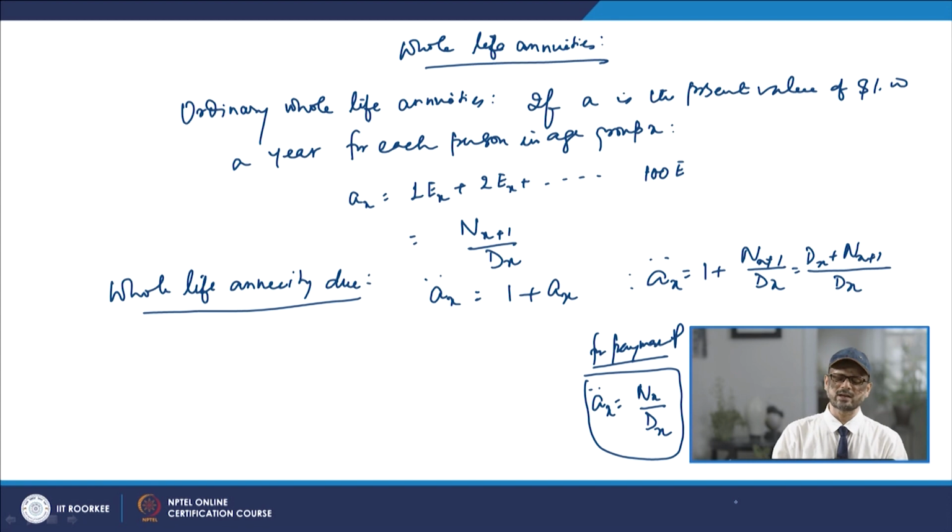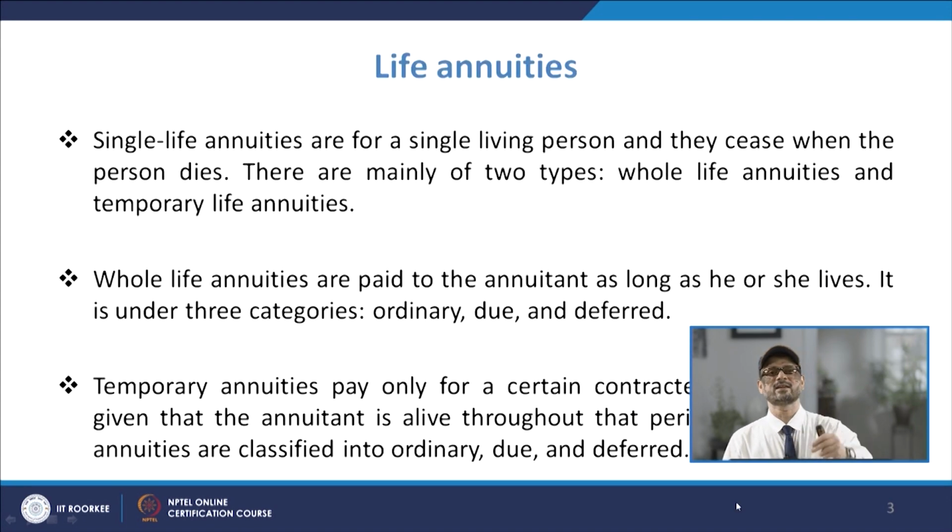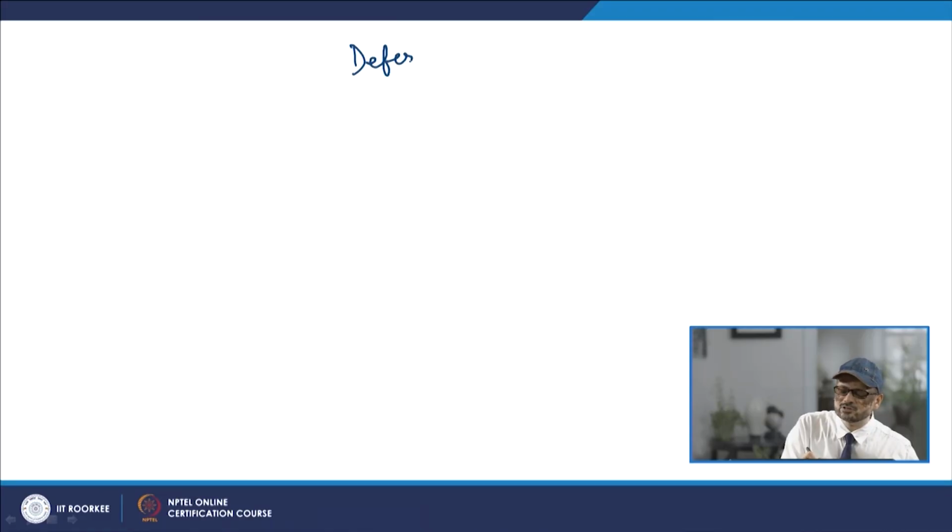Similarly, you can have the annuity deferred to a certain time period n. So that is the case of the deferred whole life annuity. In that case you are deferring the payment.